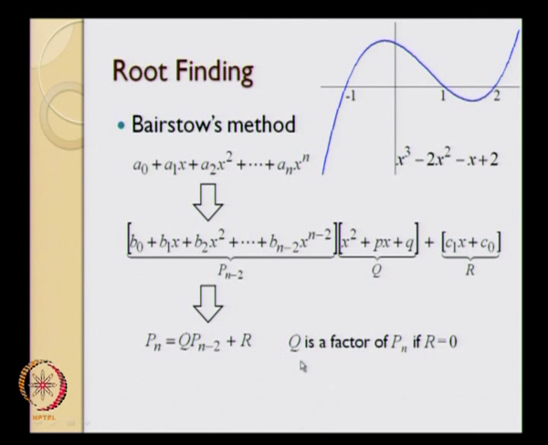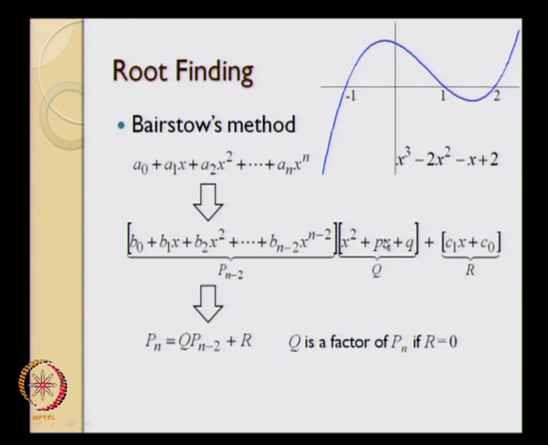For example, in the examples that we had looked at, in this particular case, x square minus 1 is going to be a factor of this particular expression. So if we choose the value of p equal to 0 and q equal to minus 1 and go through the procedure that we looked at in today's class, we will get C1 equal to 0 and C0 equal to 0. We are guaranteed to get that.